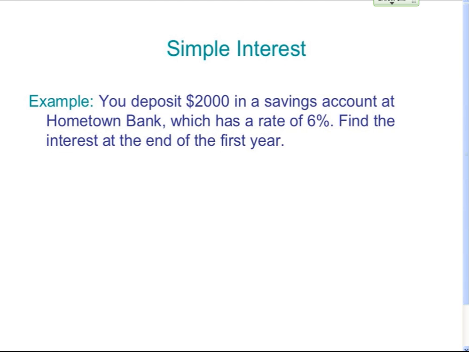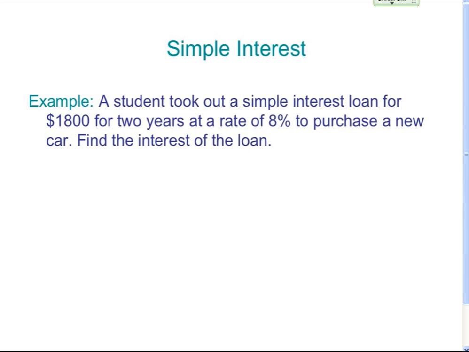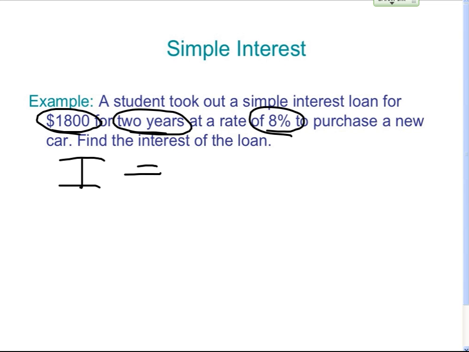This works the same way if you're borrowing. So let's suppose you borrow $1,800 for 2 years. The interest rate is 8%. Find the interest of the loan. So interest is principal times rate times time. So we have 1,800. We multiply times the 8%, which is 0.08.